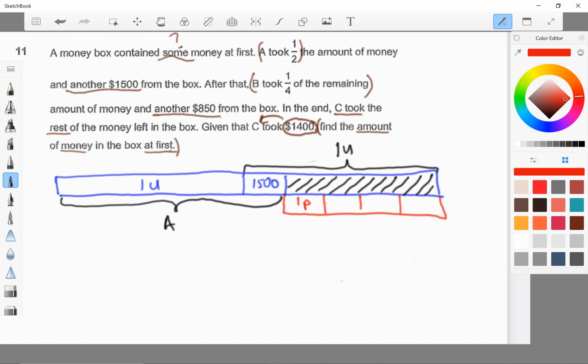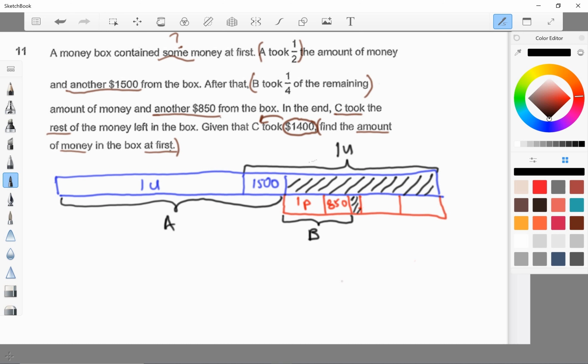I will indicate 850 in my model itself. The next thing I will do is shade the boxes, so 850 together with the shaded portion represents 1 part, and 1 part together with 850 belongs to B.